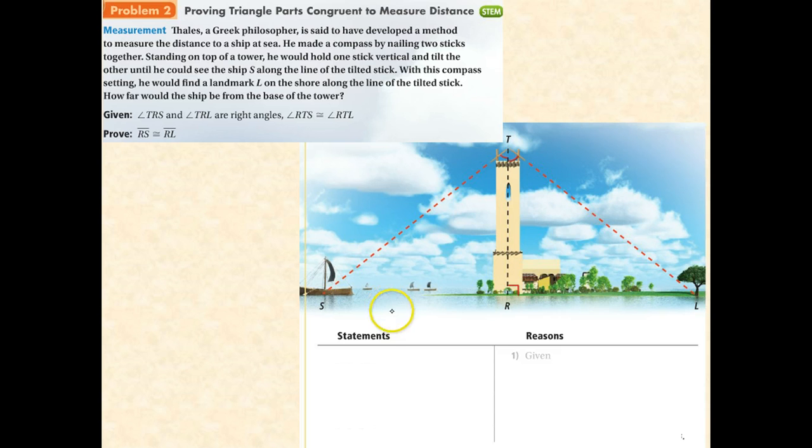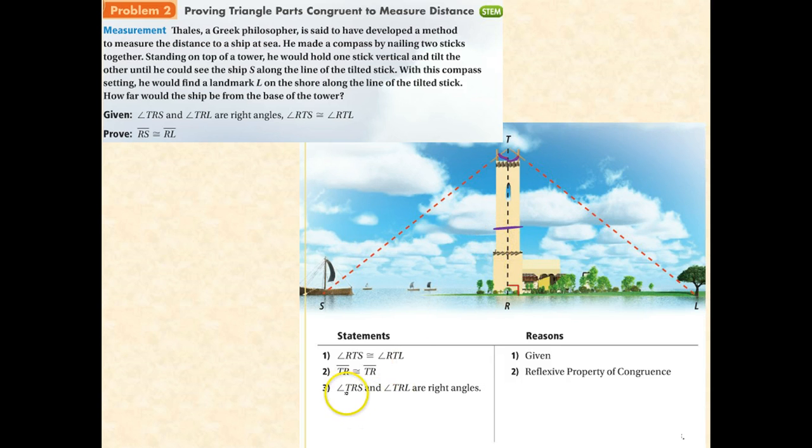Okay, so we are given angle RTS is congruent to angle RTL. So that is these two angles here. Segment TR is congruent to segment TR. So this segment here is congruent to itself by the reflexive property of congruence.